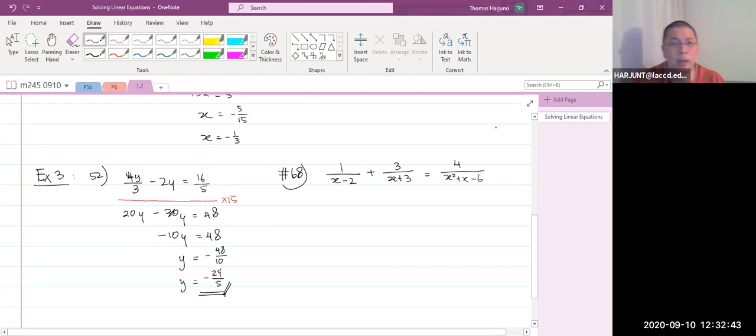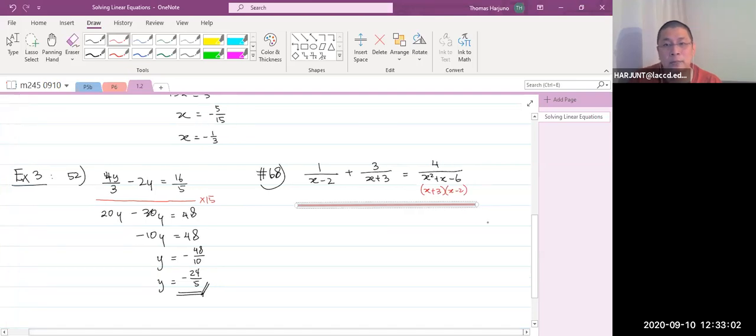Okay, I will multiply by the LCD, but before I get the LCD, I need to factor this first: x plus 3, x minus 2. So what will my LCD be? What will my LCD be? It is multiplied by x plus 3, x minus 2.